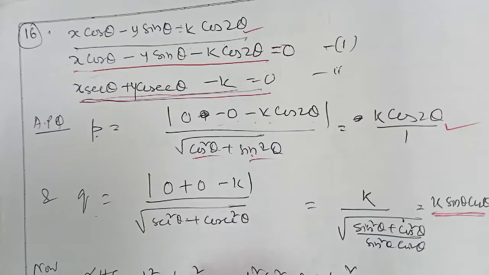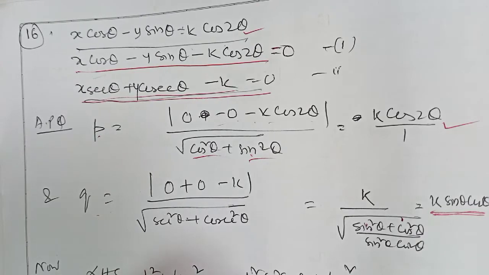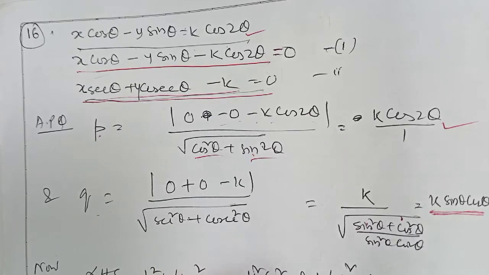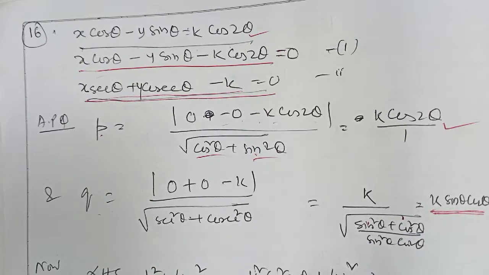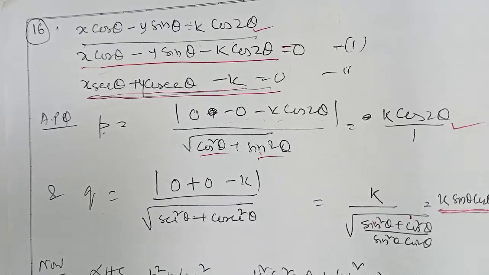Now we'll take what we have to prove, p² + 4q² = k². So taking LHS p² + 4q², p² is this and 4q² is this. Now 2 sin θ cos θ is sin 2θ.